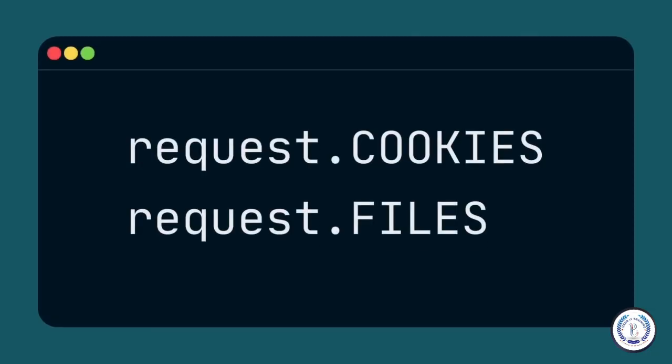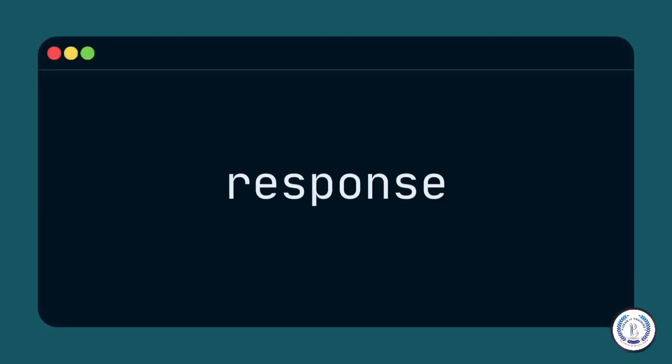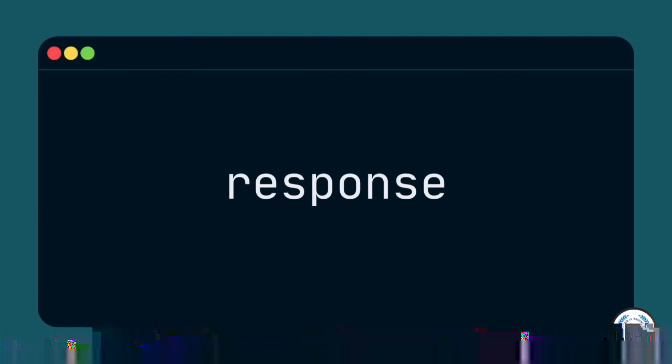Other request properties include request.COOKIES, which gives us access to a dictionary containing the user's previous interaction with our server, and request.FILES, which gives us access to the files uploaded by the user. The response object is what we send back to the user, which we saw when we sent back the texts hello world and hello Ethiopia back to the user.